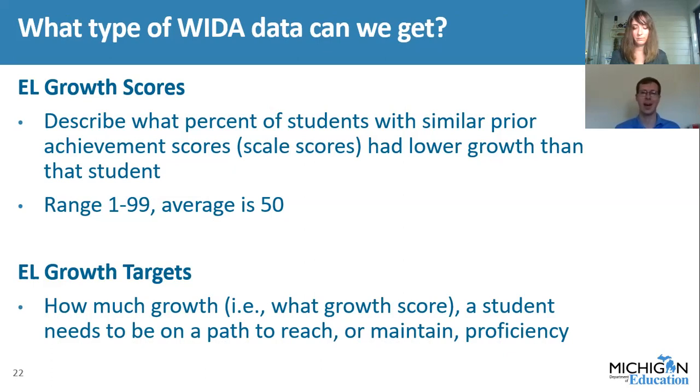If our exit point is now a 4.8, that's our cut point for proficiency, you can see a 4.2 is much closer. So they don't have to grow nearly as fast to reach that 4.8. Whereas a student down at that 1.2 really has to chug to catch up to that 4.8. They need to progress very fast. And so that's where growth score describes where they are. Growth target describes where they need to be.